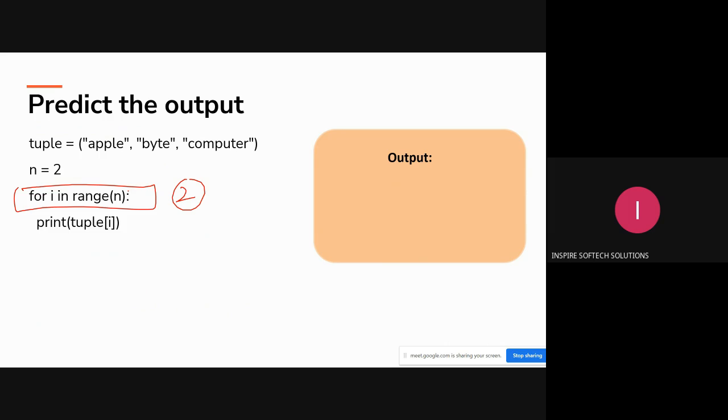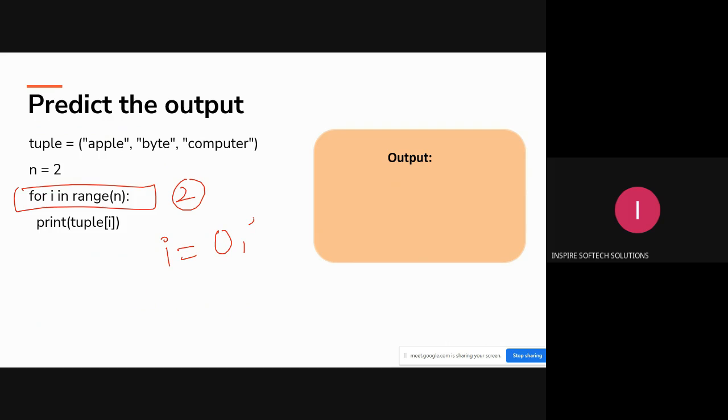Predict and tell me the output. Okay, n value is going to be 2. So i value is going to be, by default if it is not given, 0.